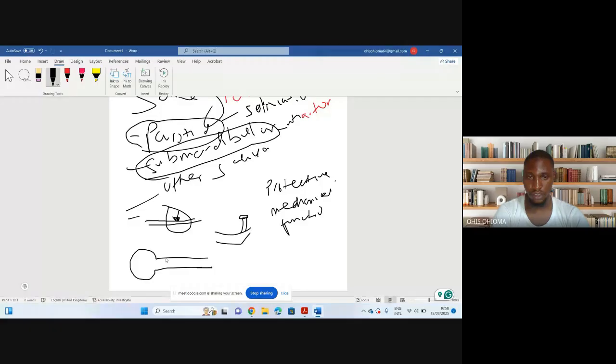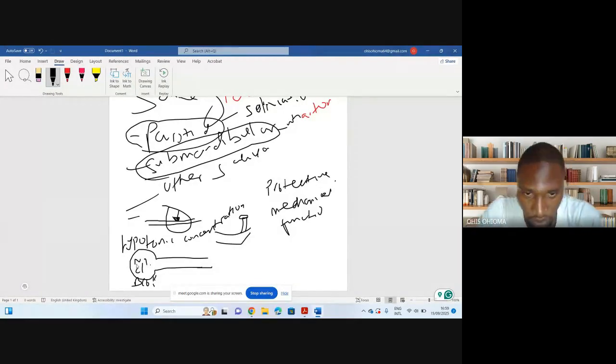What happens here is that when you produce saliva, it is initially hypotonic in nature, meaning you have all the electrolytes: sodium, chloride, bicarbonate, and potassium. So these are the acinar cells that produce the secretion.